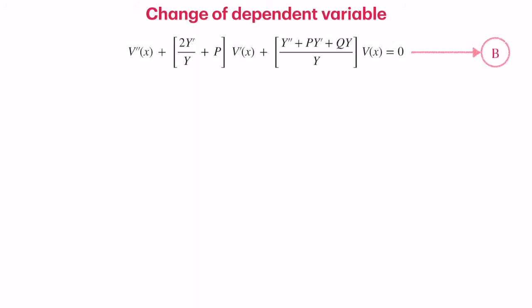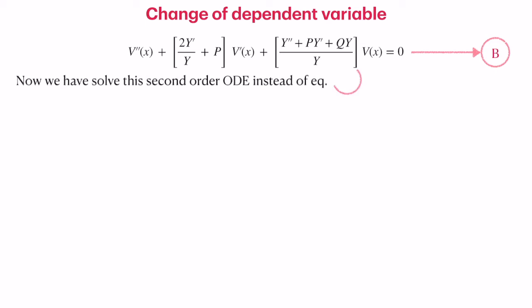We get v double prime plus 2 capital Y prime by Y plus p times v prime plus capital Y double prime plus p into capital Y prime plus q into Y, divided by Y, into v of x, equal to 0. Once we have simplified this equation, we can go ahead and put in various forms of Y to simplify it.